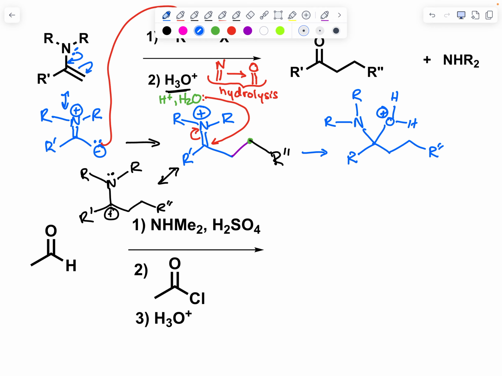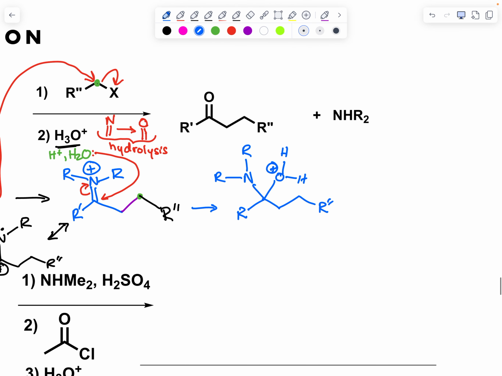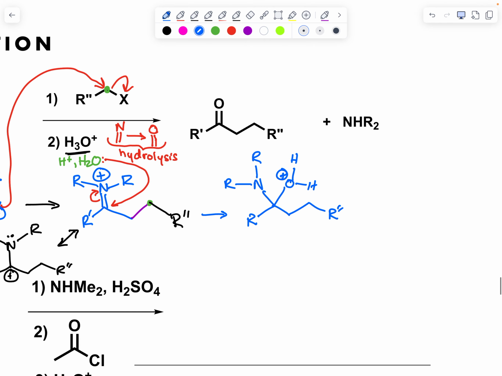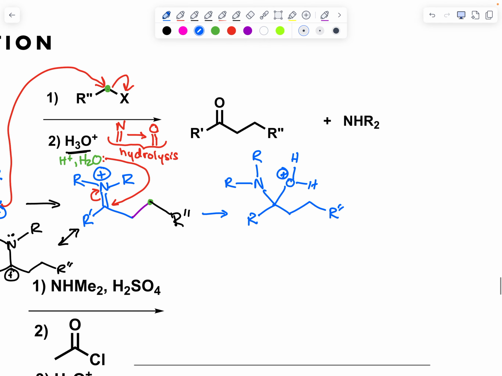So what we're gonna do in step 1, and I'm not gonna do all the arrow pushing for this, so this is a great place to practice arrow pushing. We're gonna do a little bit more arrow pushing later. So in the first step, we're going to do a condensation reaction where we are taking the carbon oxygen bond, and we're going to convert it to the carbon nitrogen bond. Okay?